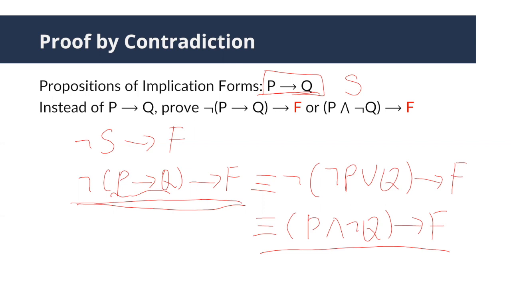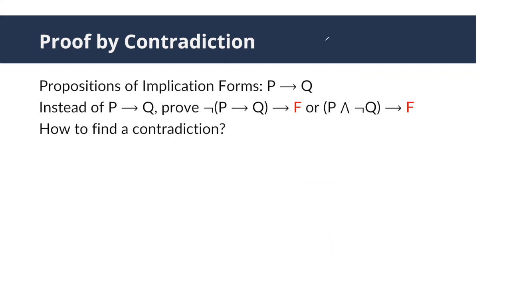So in general, what we are going to do next is start from the two premises in the hypothesis. Then you try to derive a contradiction. But now you may ask, how do we find the contradiction? Well, there are 3 ways of finding a contradiction.